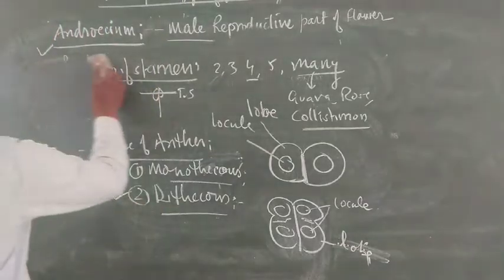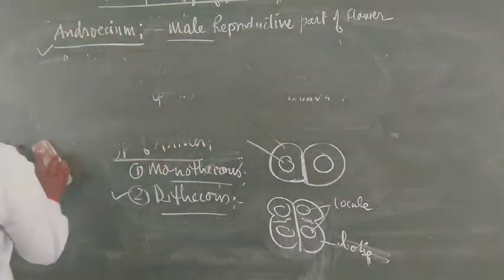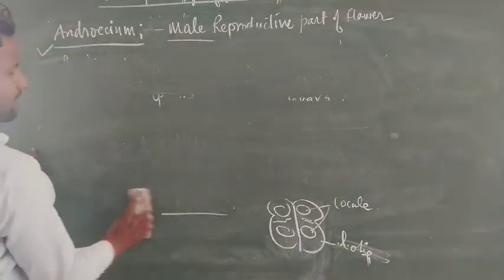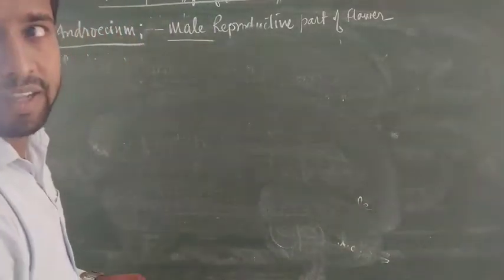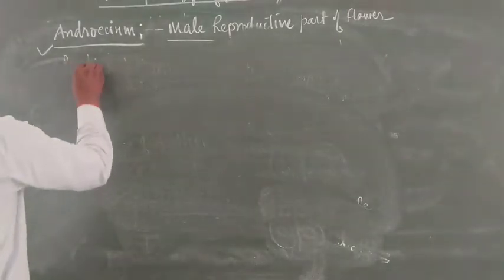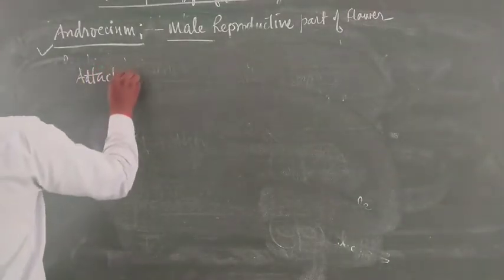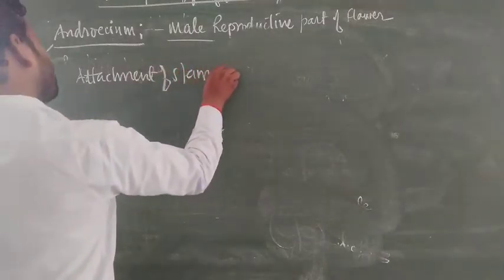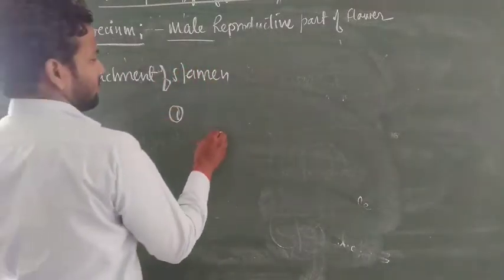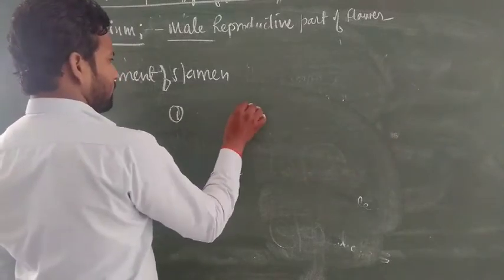Now the next is the attachment of the anther. What is the attachment of the stamen? At what position do they attach? Sometimes stamens are attached to the petal.